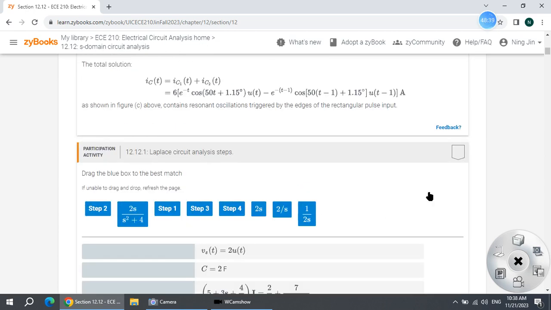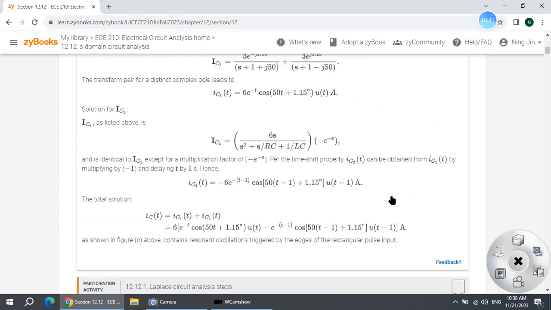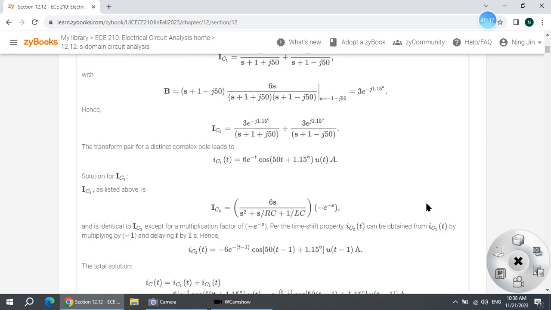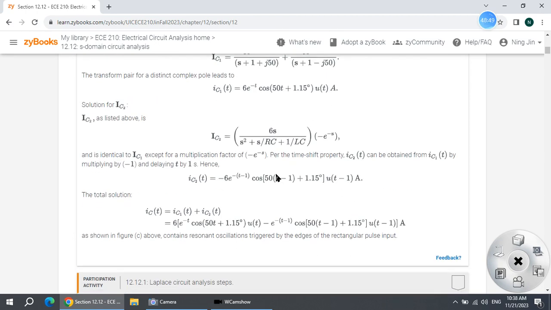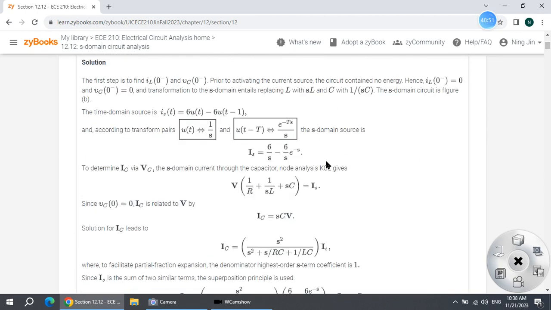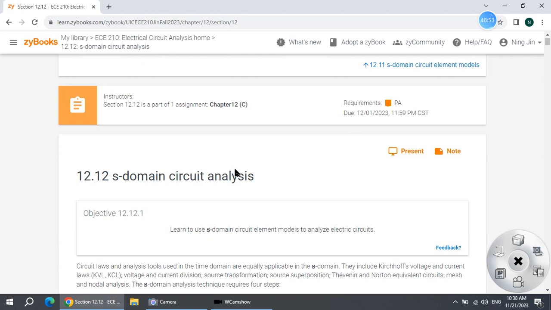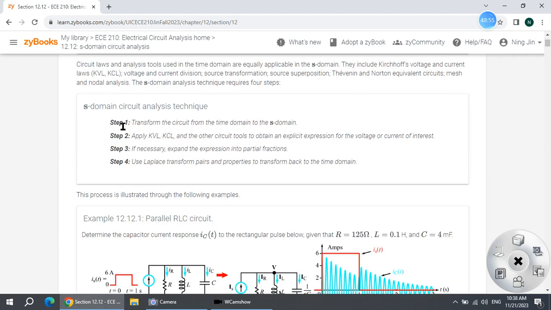And in the final exam, as I told you, I will give you 2 problems about the last part. I will not give you such complex things. You just remember these 4 steps. You write the circuit in the S domain and give the equations in the same way as in the normal way in time domain, but in the S domain.